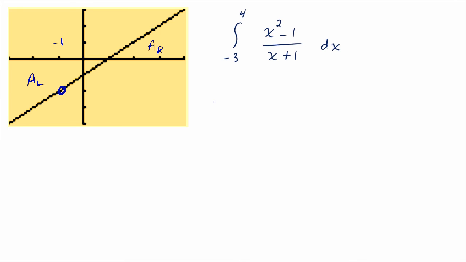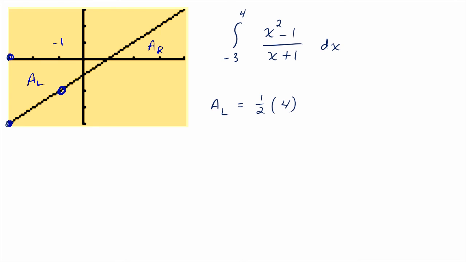The area of the triangle on the left would be 1/2 times its base. Again, I'm going to use the base being the distance from the x value of negative 3 to its corresponding y value. So how many units would that be? It has a base of 4 units.